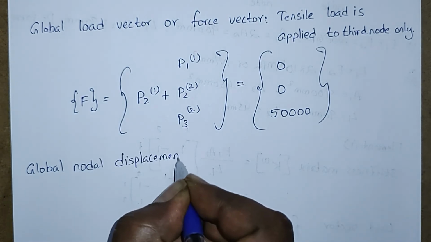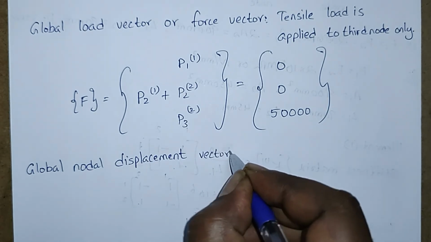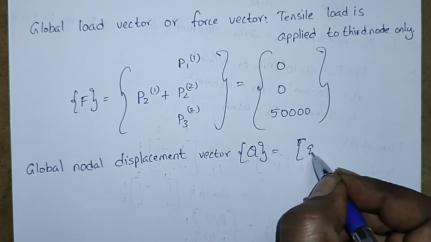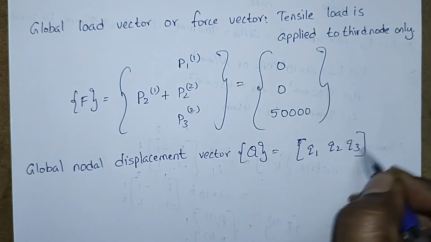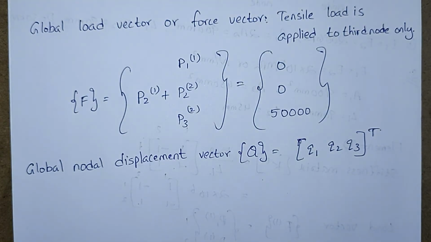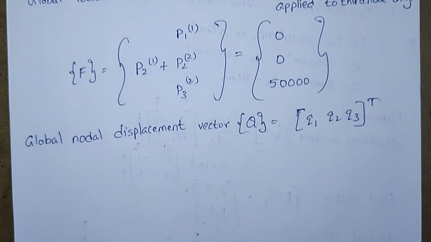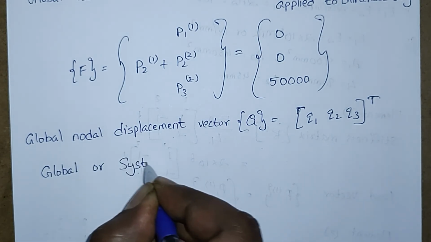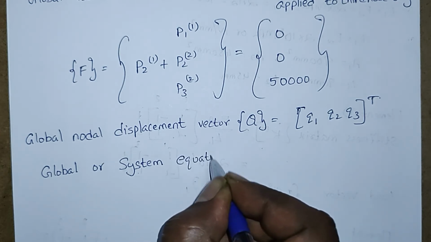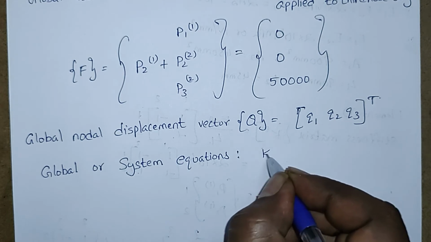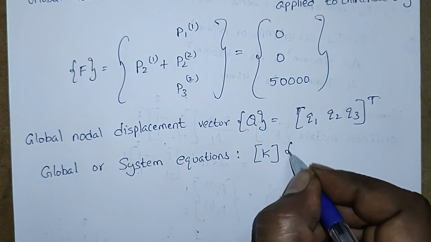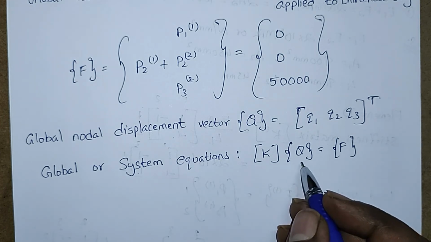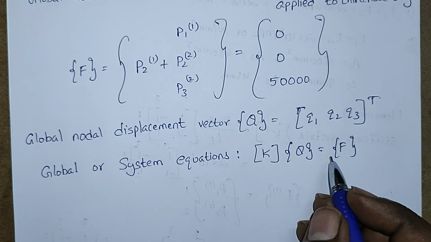It is represented as Q equal to [Q1 Q2 Q3] transpose. Now for the global or system equations, we have one formula here: K into Q is equal to F. Global or system equations, right?